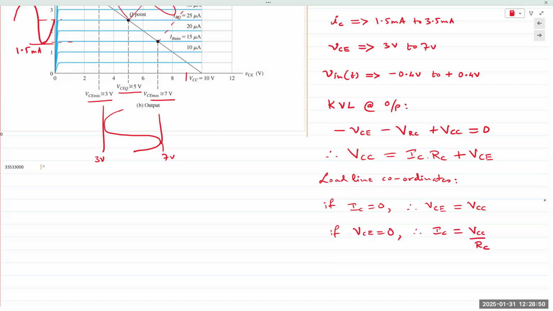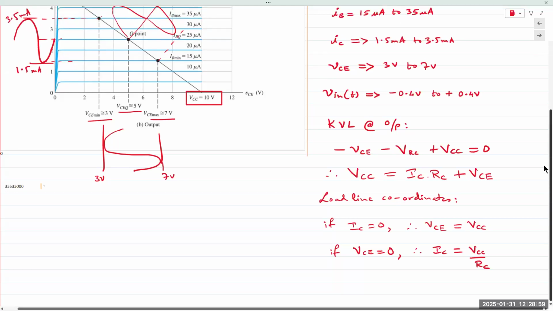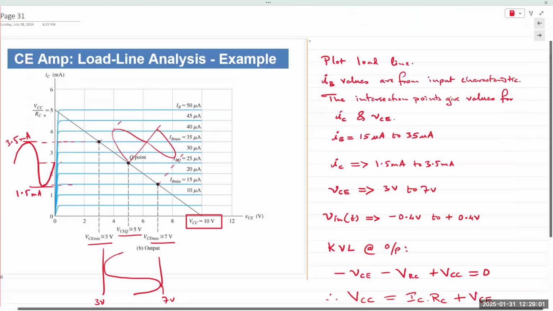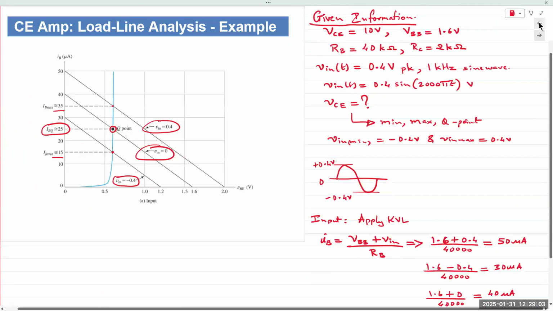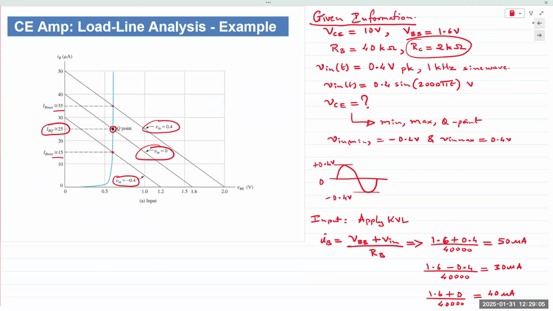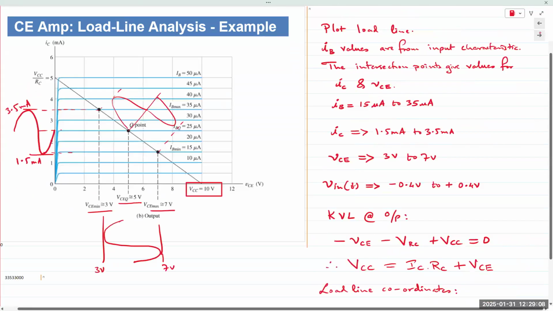And so we obtain the X-axis coordinates for that load line. VCC is equal to 10 volts. And then IC is equal to 10 divided by, what was the value for RC? 2 kilo ohms. So 10 divided by 2000, we get 5 milliamps.